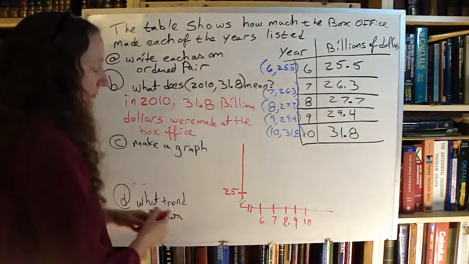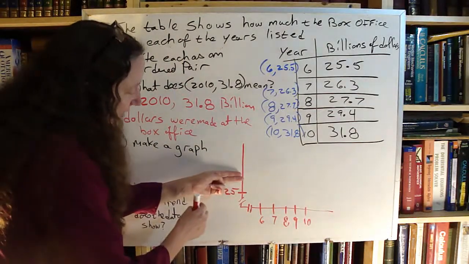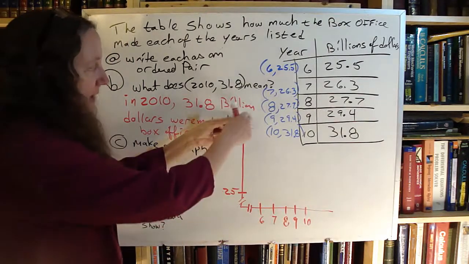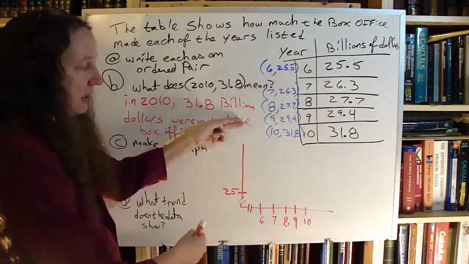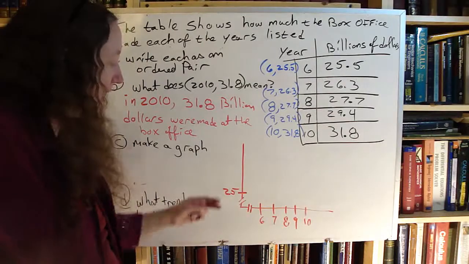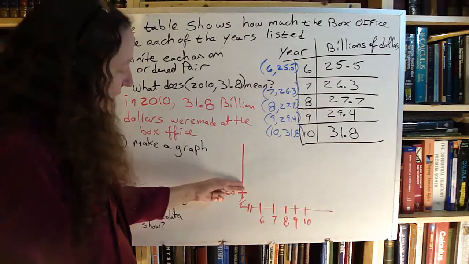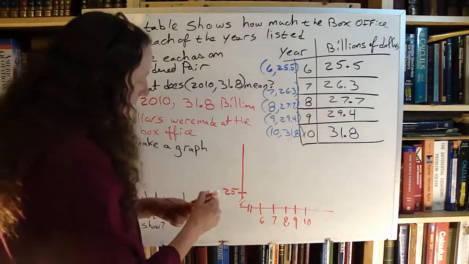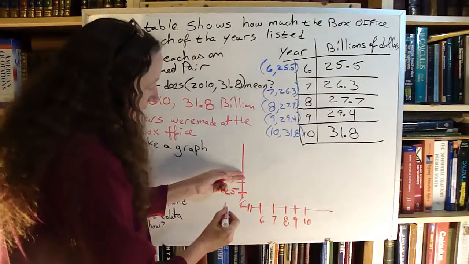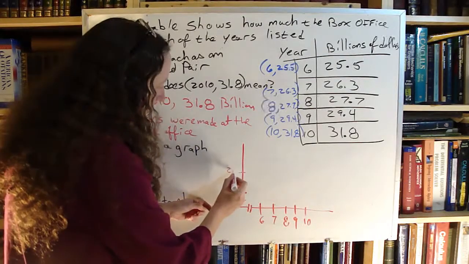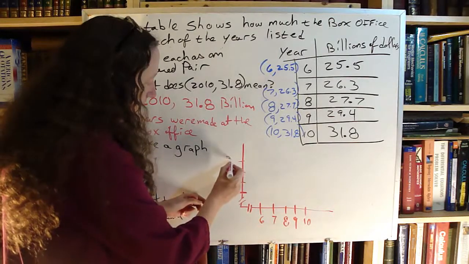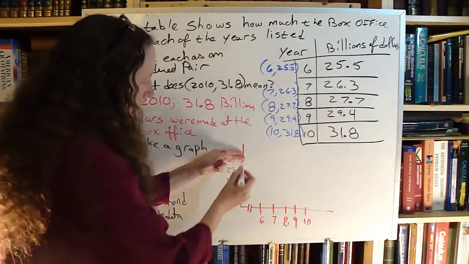So 25, if I make 26, then 27, 28, 29, 30, 31, 32, that's going to put my last point way up here, and I don't have enough space for that. So maybe I need to count by 2's instead. So 25, 27, 29, 31, 33.